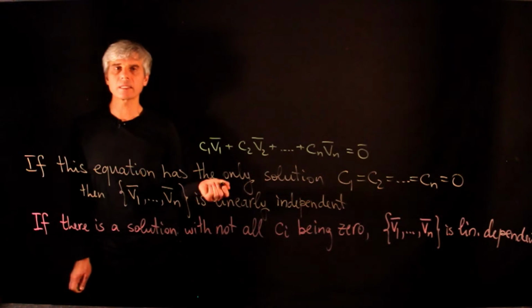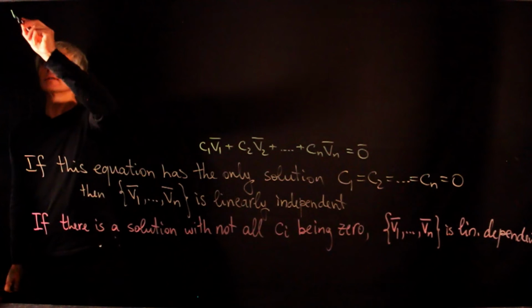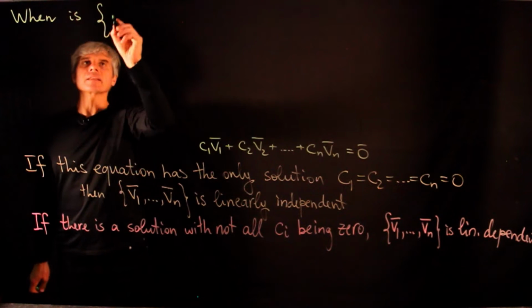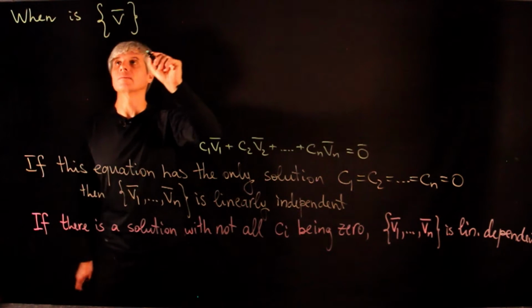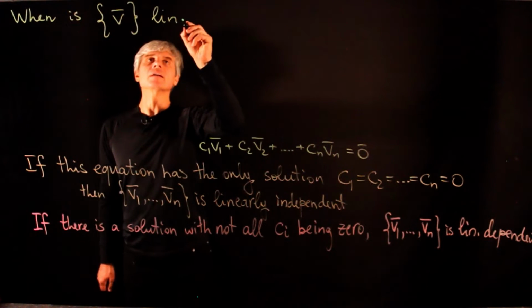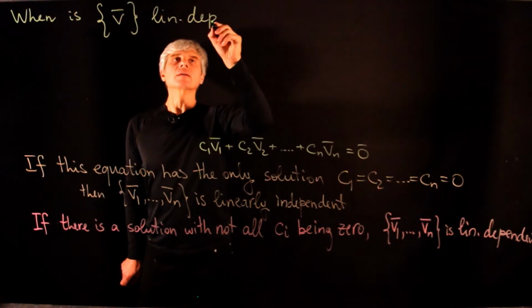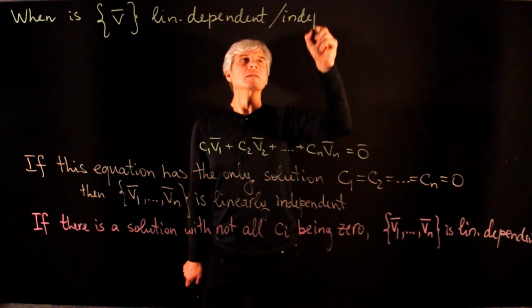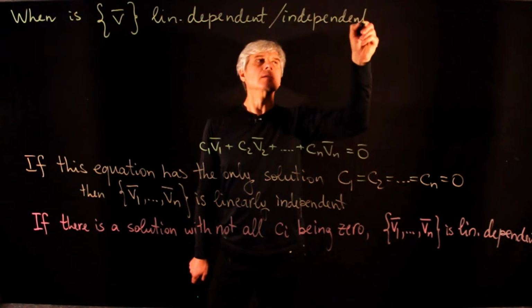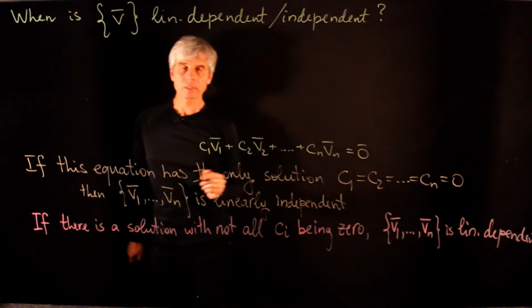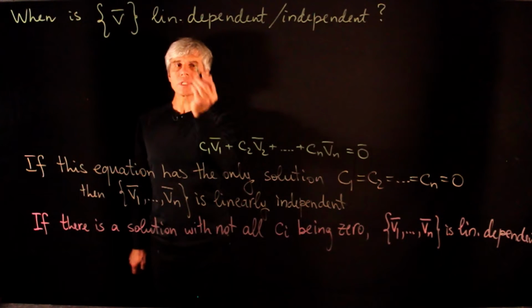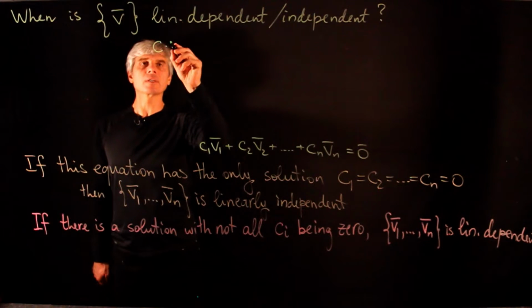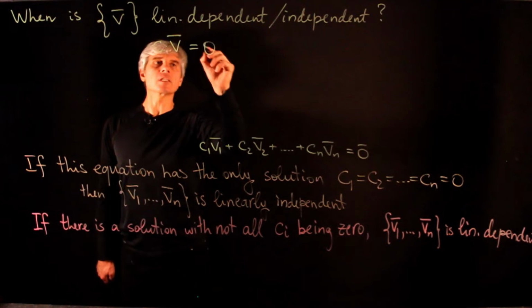Now let us consider some small examples. Let's ask the following question. When is the set that consists of one vector linearly dependent or independent? So the corresponding vector equation is c times v is equal to 0.